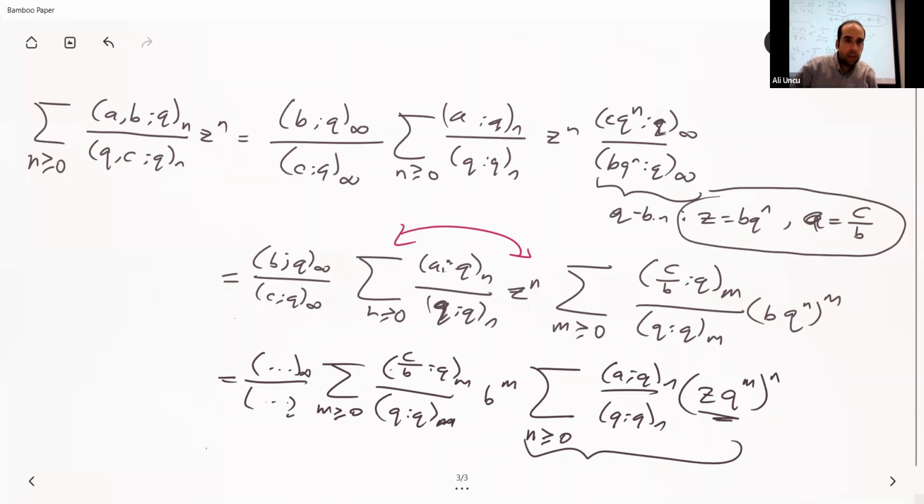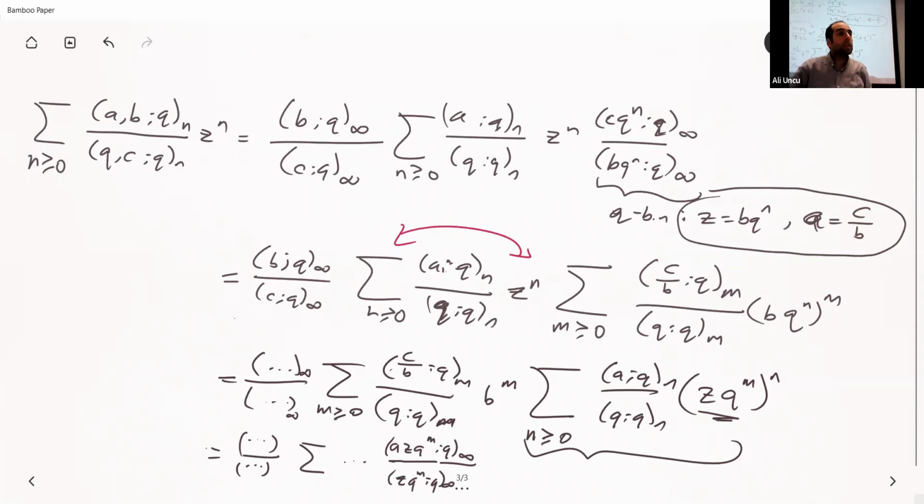So this is the infinite product, this is the infinite product. The summation of this, I will again need to copy it to the next page, I guess, but the summation of this will be (azq^m; q)_∞ on top, and on the bottom we have (zq^m; q)_∞.